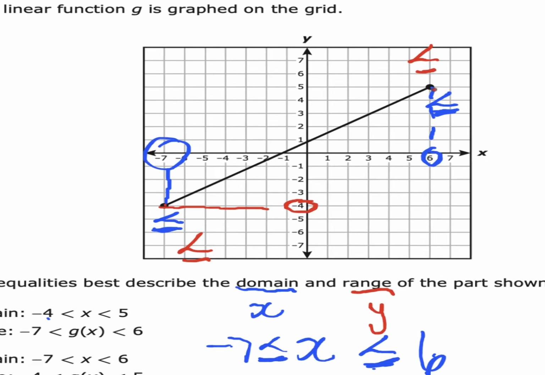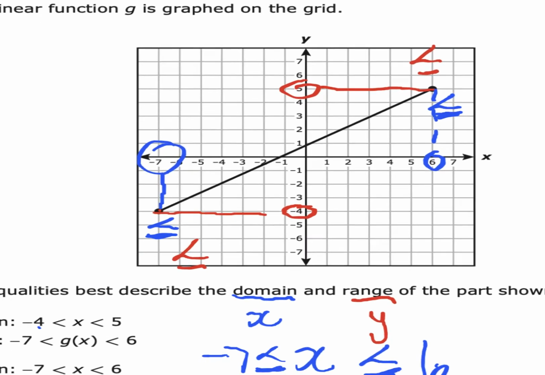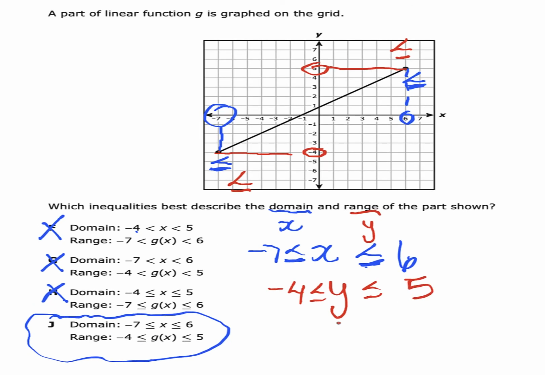And it ends, so here's where it ends. I'm going to go across and touch my y-axis. It ends at a +5. And notice here the range is from -4 to +5. Again, in mathematics, this is read -4 is less than or equals to g of x, but it's less than or equals to 5.